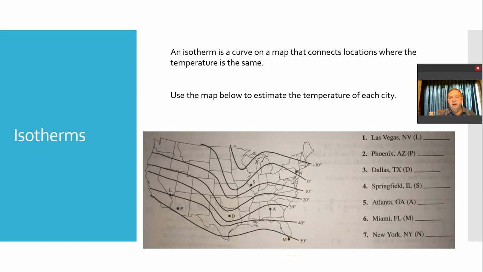We know it's a little above 50. And then New York, New York. We're right below there, and that's going down in -10. So if that was -5, maybe -1.5. So minus 1.5 in New York City today.